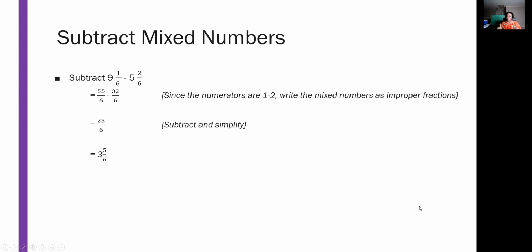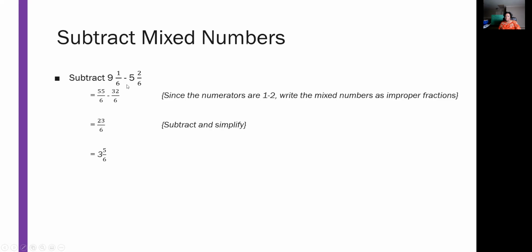Okay, subtract mixed numbers. Right here, we subtract mixed numbers. I'll write the mixed numbers as improper fractions. It used to be that we did something different with this: we took a whole from it, and that whole became 6/6, and that became 7/6. But let's do it this way here.